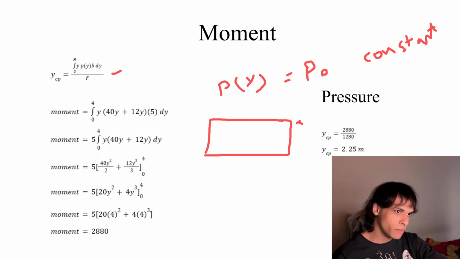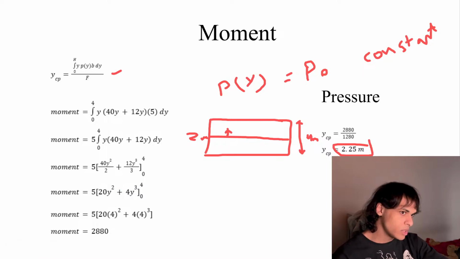And since it's 4 meters, if we divide this by 2 to find the center, it's going to be at the height of 2, which is at 2 meters, right? But what we got here is 2.25 meters, so it's a little bit higher.